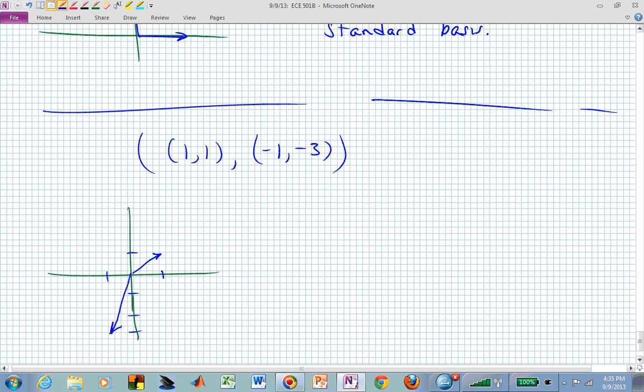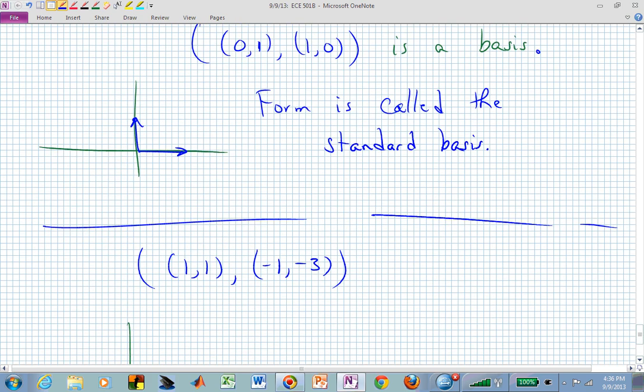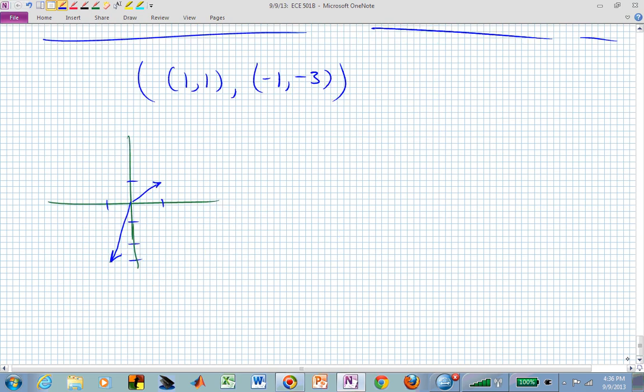And what we want to then be asking is, does any linear combination of these vectors span the entire space? And really what we're asking is, are these vectors not aligned? And the answer is yes, they're a little bit off. They're not 90 degrees apart like our first one, which makes the standard basis nice, because that basis is orthogonal. This set is not, but it still forms a basis.